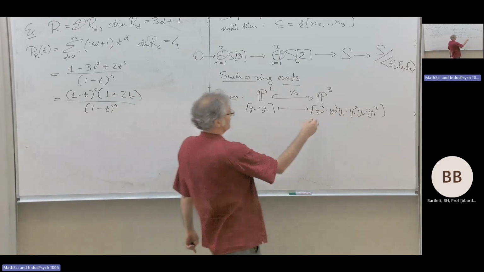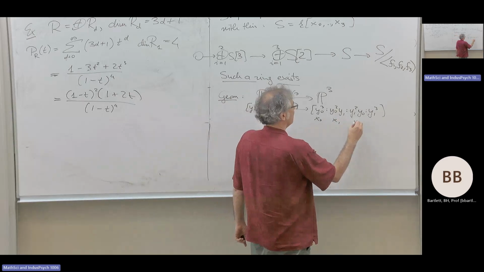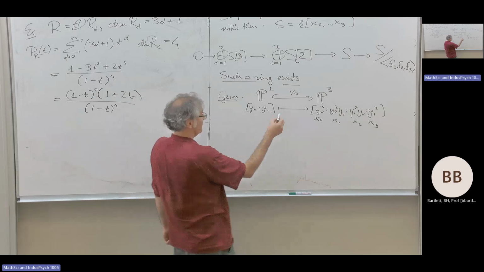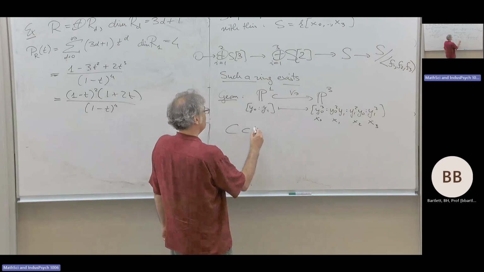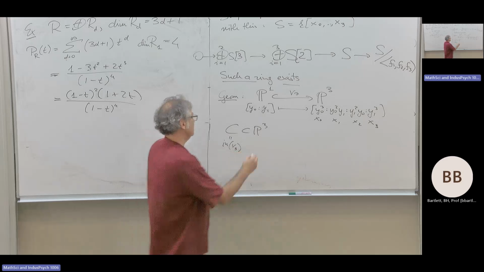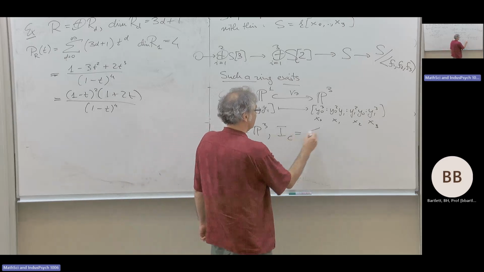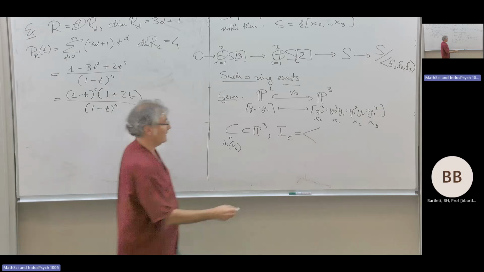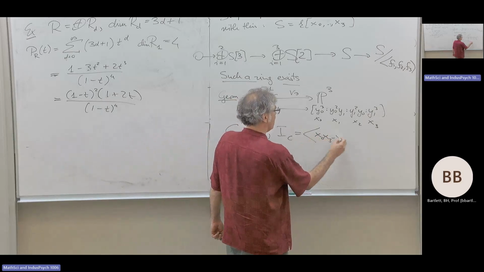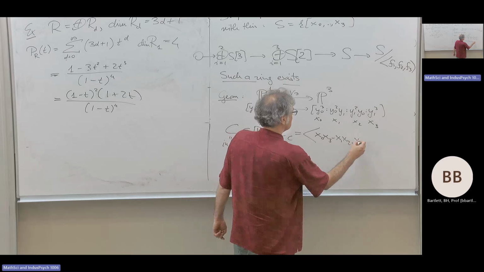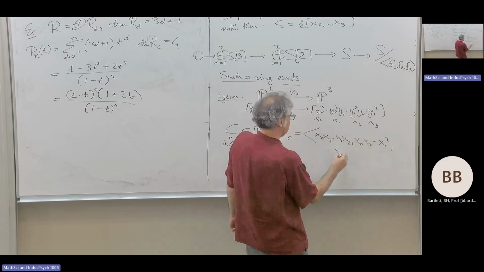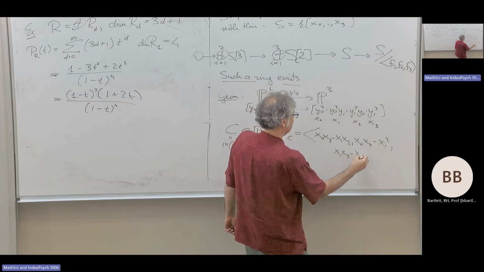And so if these are the coordinates x0, x1, x2, x3 on P3, and this curve is the image of this Veronese embedding, then the ideal of this curve is generated by, and this is a computation that's a frequent homework in algebraic geometry, x0 x3 minus x1 x2, and then x0 x2 minus x1 squared, and x1 x3 minus x2 squared.